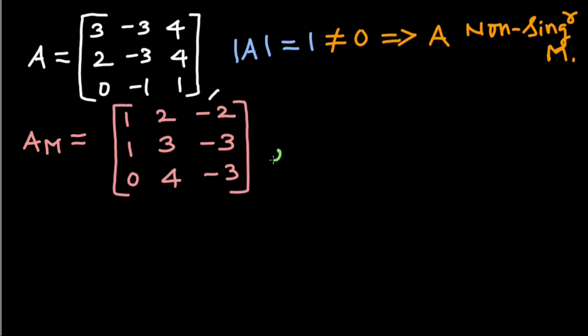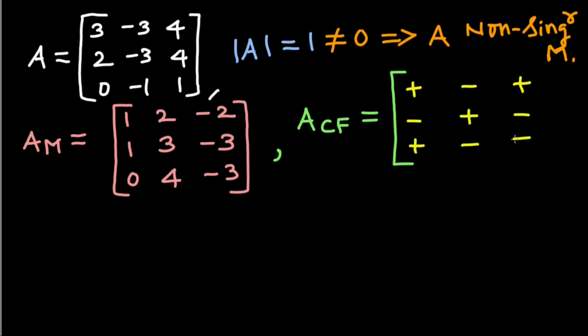Next we will write the cofactor matrix of matrix A. First we will write the proper signs of the corresponding minors. So the proper signs will be plus, minus, plus, minus, plus, minus, plus, minus, plus.